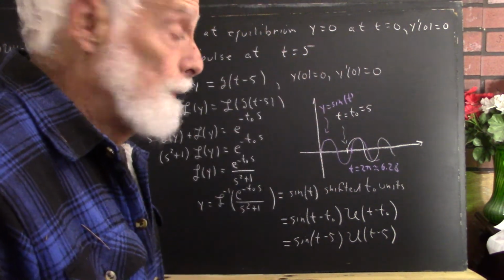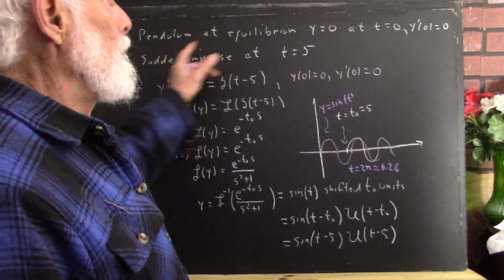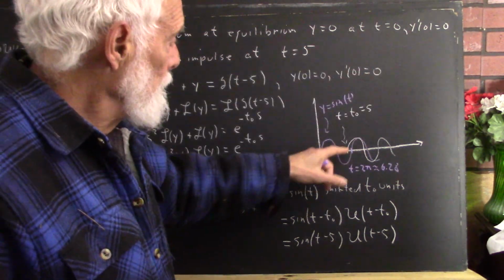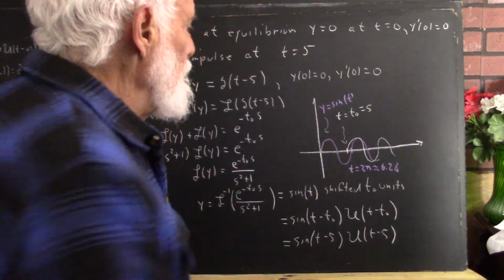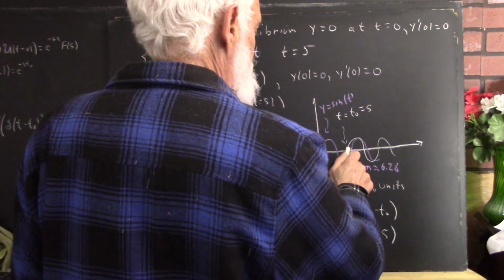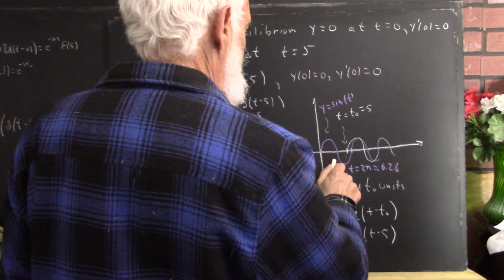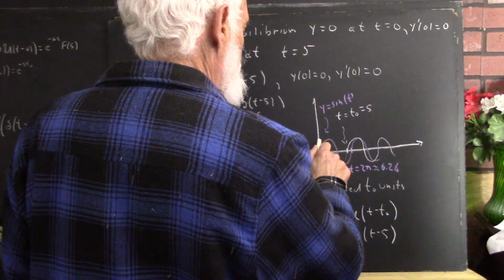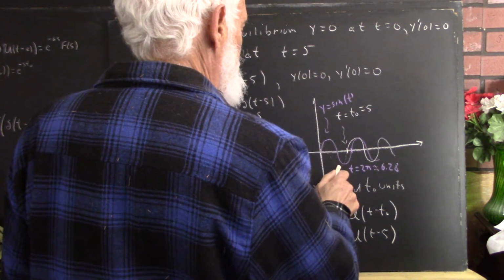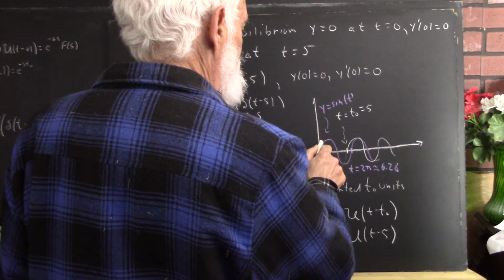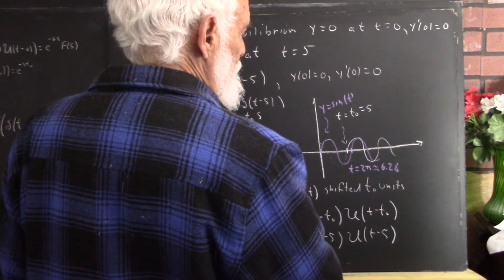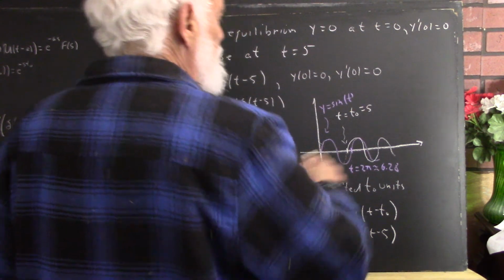Since we're measuring time from t equals 0, we don't need to go past t equals 0, but we would still kind of want to have this graph coming back here.